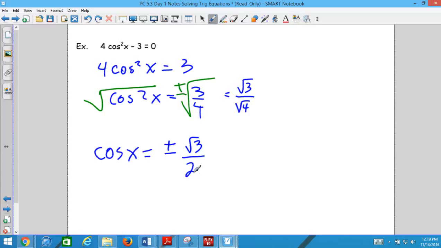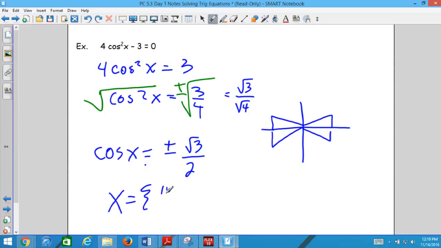That's a pi over 6 reference angle, 30 degrees. So here it would be positive, here negative, here negative, and here positive. How many answers am I going to have? 4. So pi over 6, 5 pi over 6, 7 pi over 6, and 11 pi over 6.